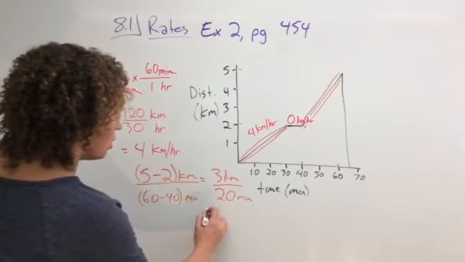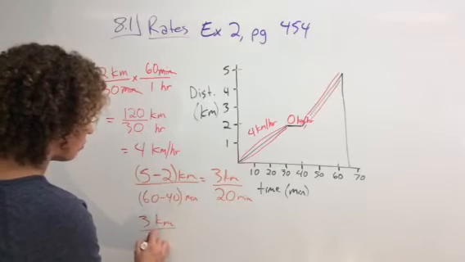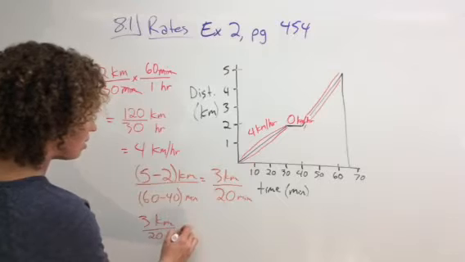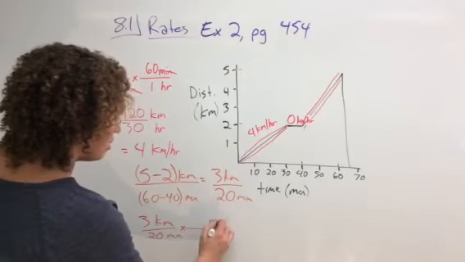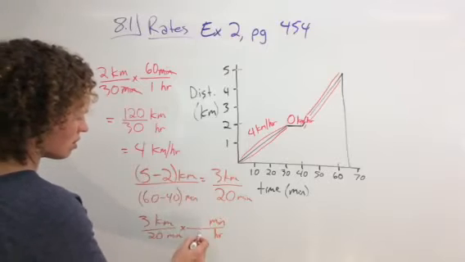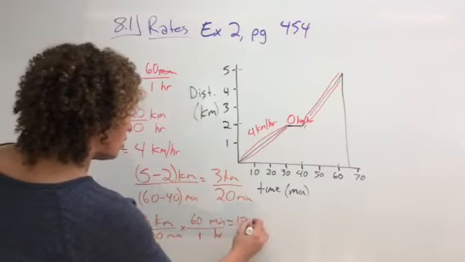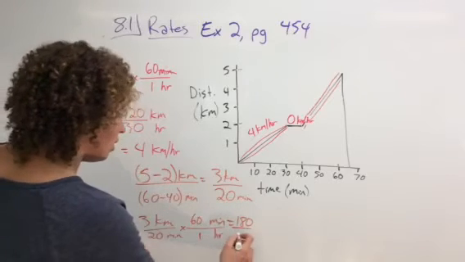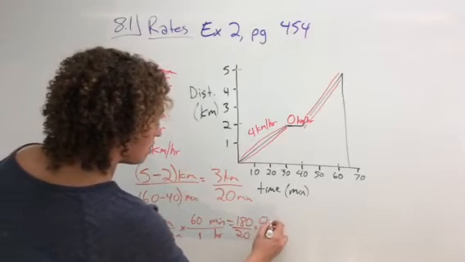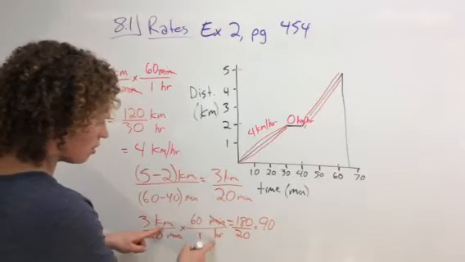So we're going to just change it. We'll go 3 kilometers over 20 minutes times 60 minutes on the top, 1 hour on the bottom. That means we'll cancel these minutes because there's one on top and one on bottom. 60 times 3 gives me 180 over 20, which reduces to 90. Minutes are gone, kilometers per hour.